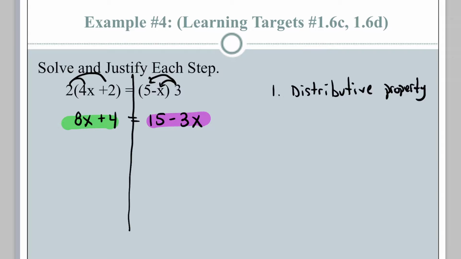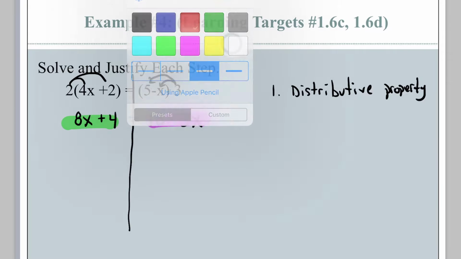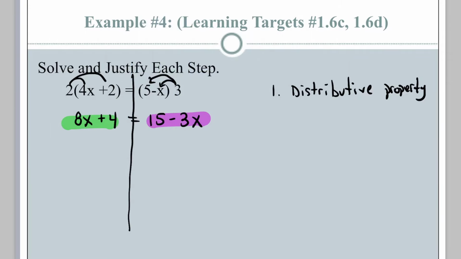So in this case, I know that if I move the minus 3x term, the inverse operation of a negative or subtraction is addition. So if I add 3x to the right side, I also know that I must add it to the left side of the equation.